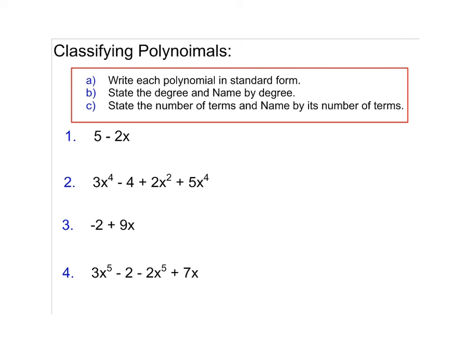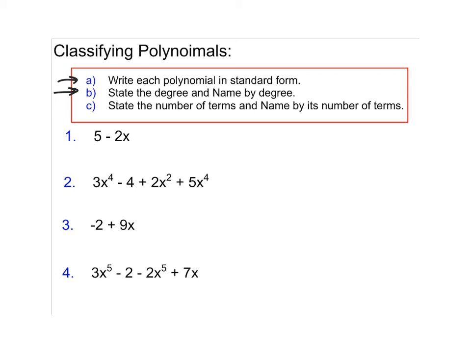What we also want to do is classify polynomials by writing them in standard form. We can write each of these polynomials in standard form, state the degree, and name it by degree, meaning: is it degree 1, linear? Degree 2, quadratic? Degree 3 would be cubic.